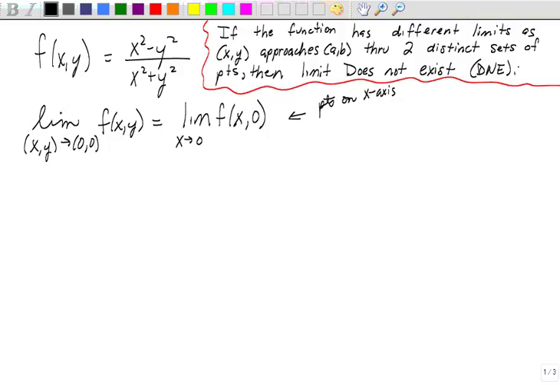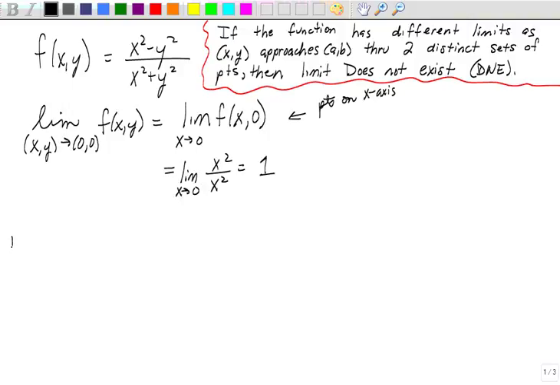Okay, so we're going to look at this. The first set of points we're going to look at are on the x-axis and let x go to 0. So if we let y be 0, we have x squared over x squared, which is 1.